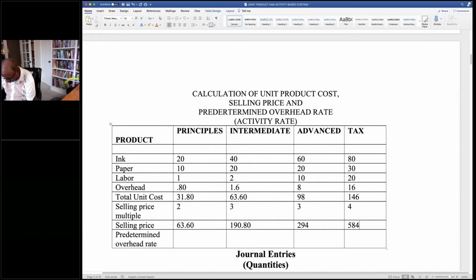And the predetermined overhead rate is the same thing as the activity rate, which is 8 all across. Okay.